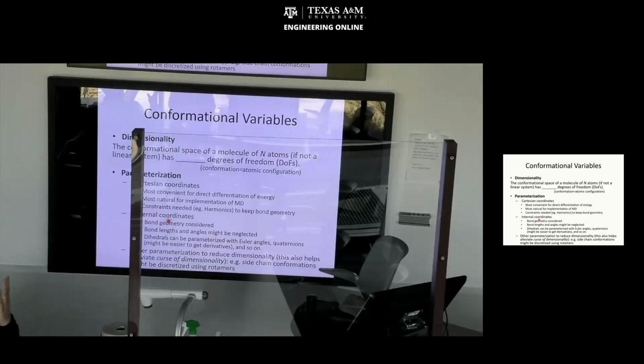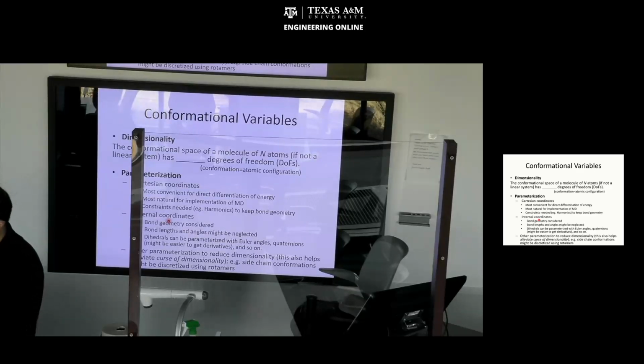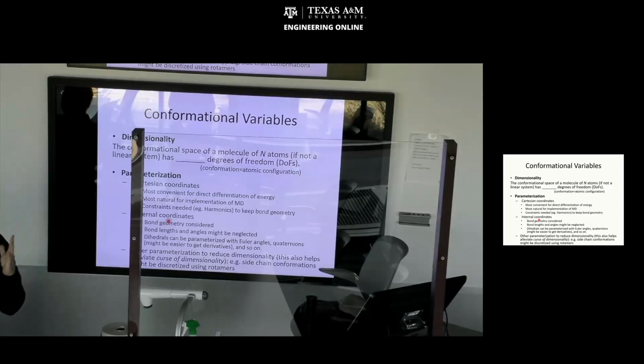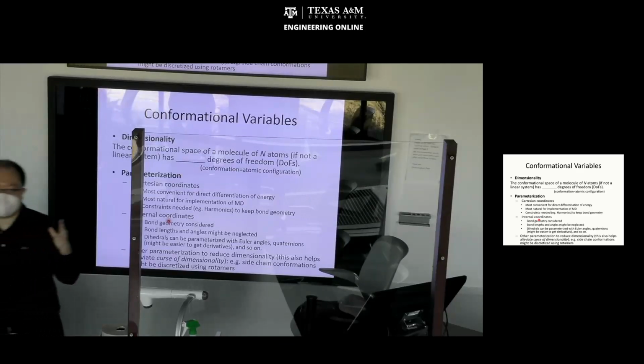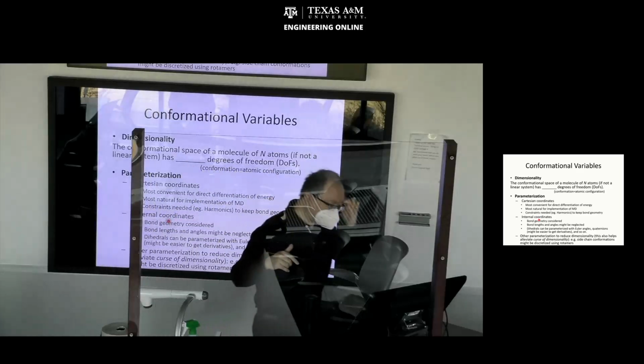This is still the same configuration. So in other words, yes, in total there are 3 times m, but I don't care about their collective rigid body motion, which has 6 degrees of freedom. So in total there's 3m minus 6 degrees of freedom. Is that right? Okay, so that's one thing.